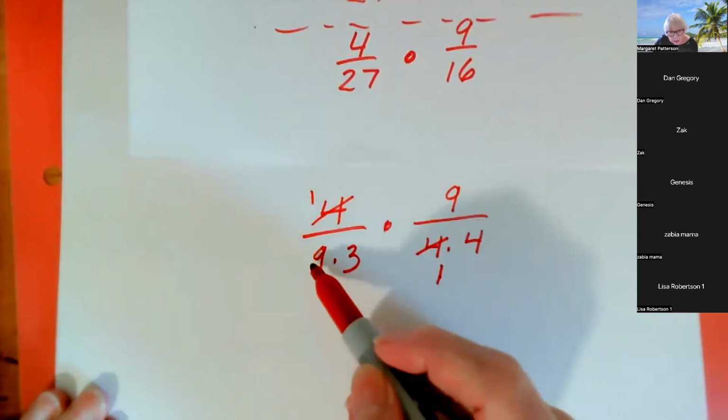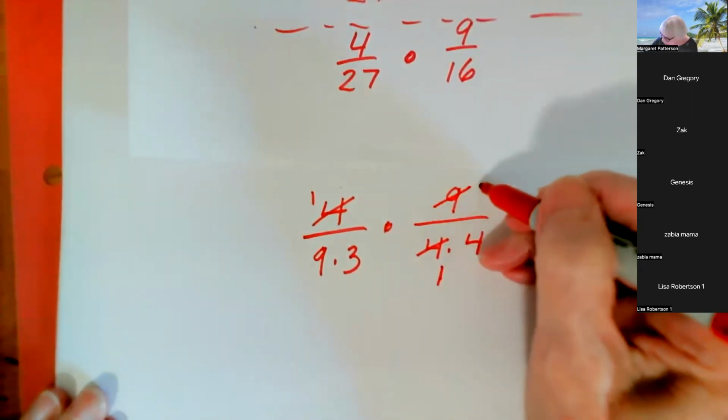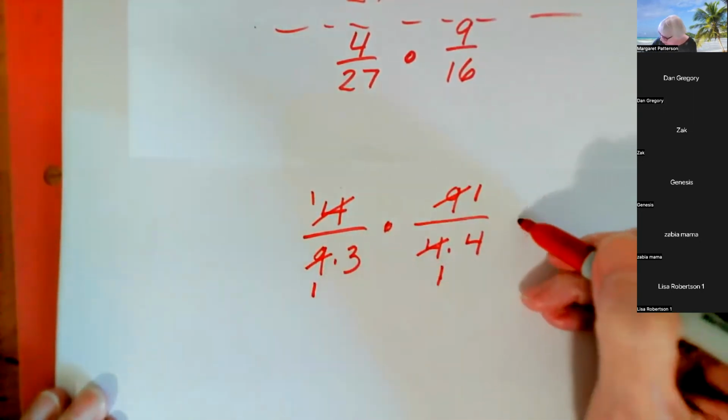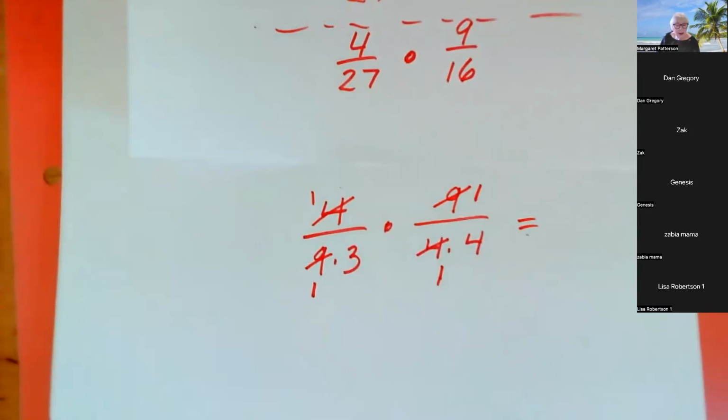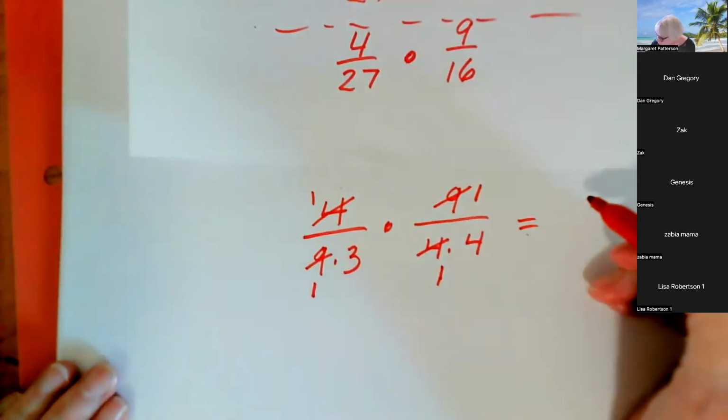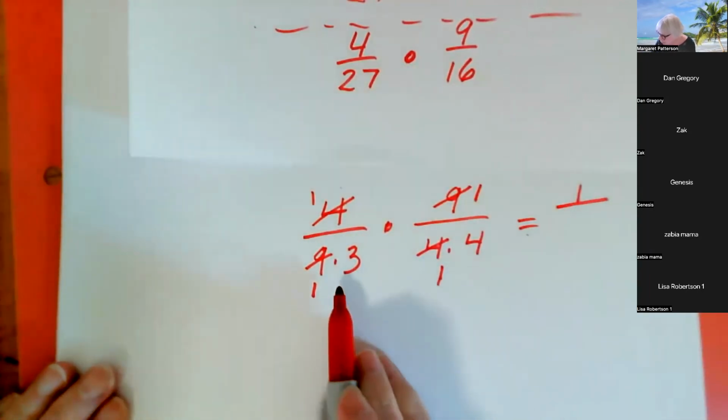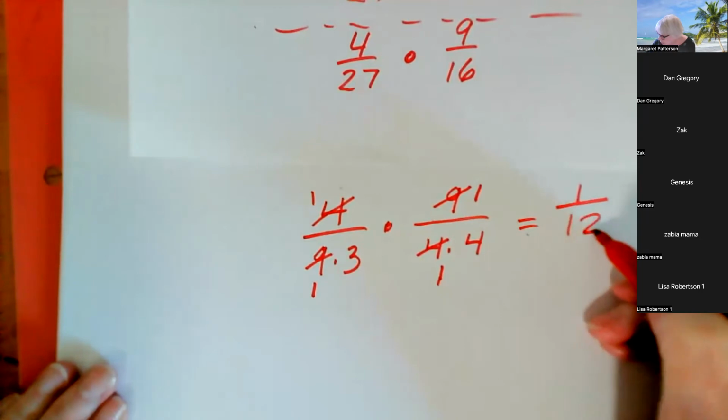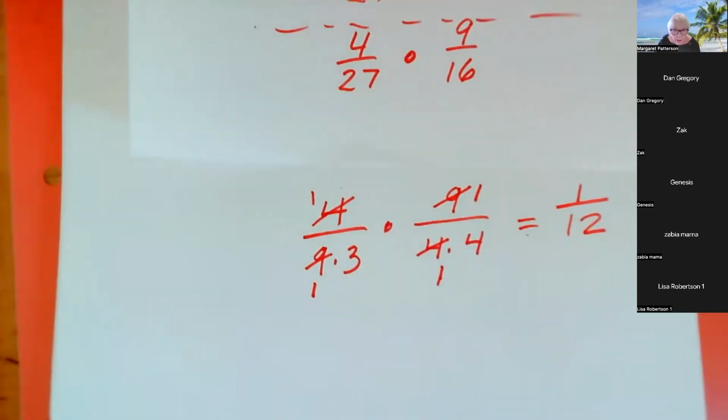I saw the 9 that was common, so a 9 here and a 9 here. And if I can find anything left, I'll write it as my answer. 1 times 1 is 1. And 3 times 4 is 12. There's your answer. 1 divided by 12, 1/12.